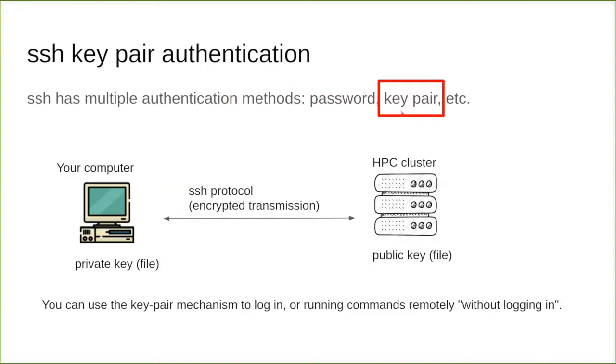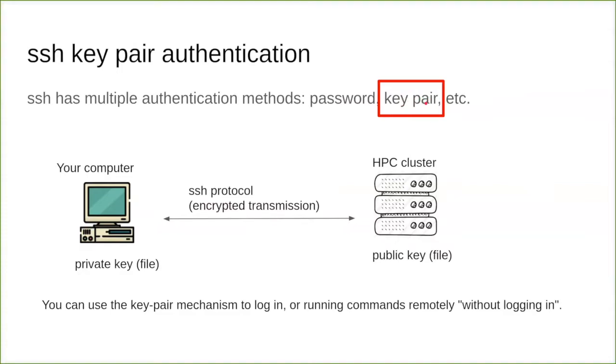SSH supports another important mechanism that is called a key pair, and you may or may not have known this. So I'm going to explain the key pair mechanism, and this is actually a good mechanism to log in, and you can set it up so that you don't have to type the password again and again. The way this works is that the key pair, by the name, you can see that it's a pair.